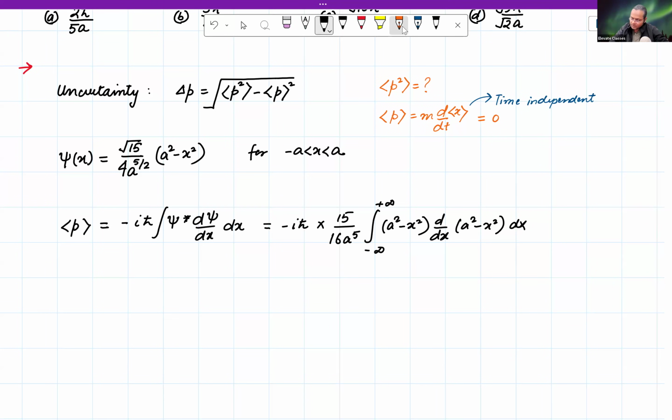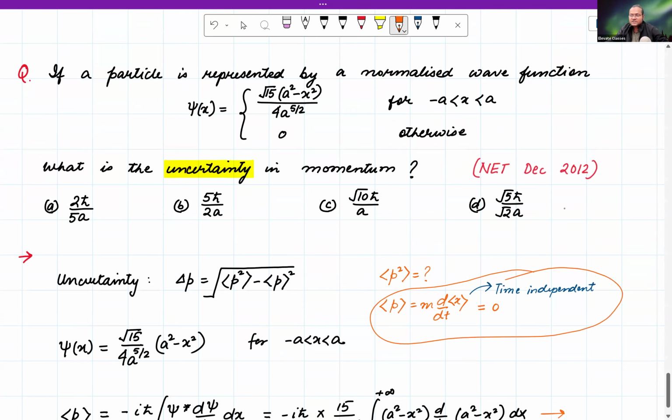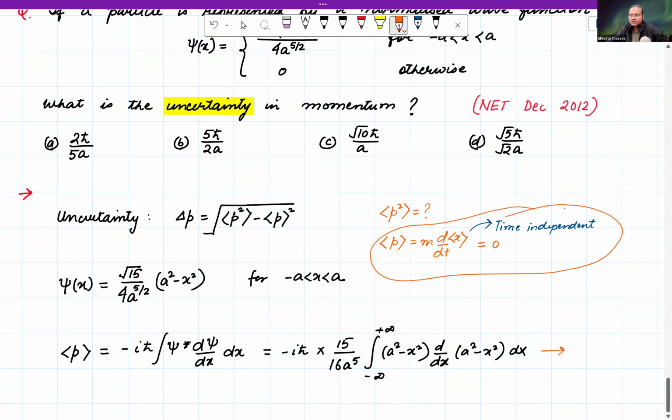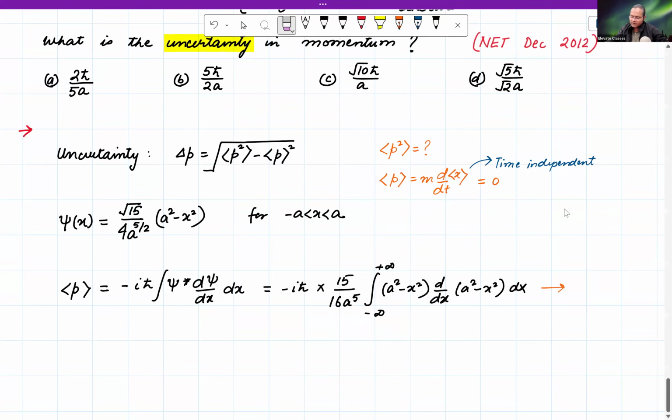So if you want you can calculate it, but मैंने आपको logic बता दिया है that if the wave function is given to you just as a function of position, then the expectation value of position will come out to be a constant of time, and as a result the time derivative will come out to be zero. So this should go to zero.